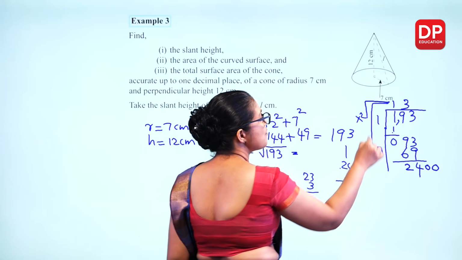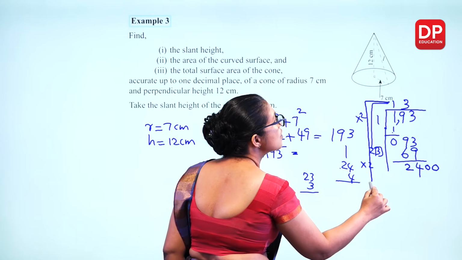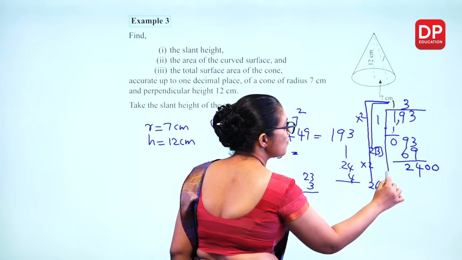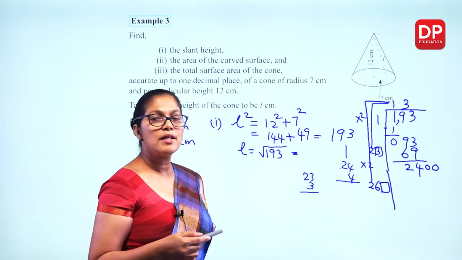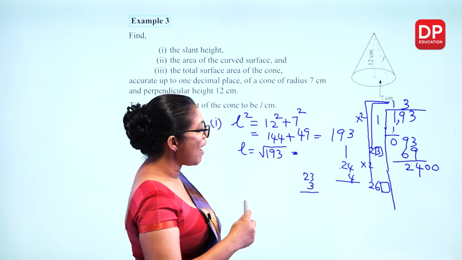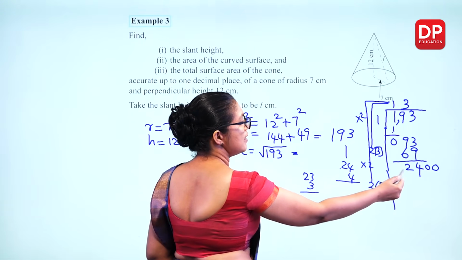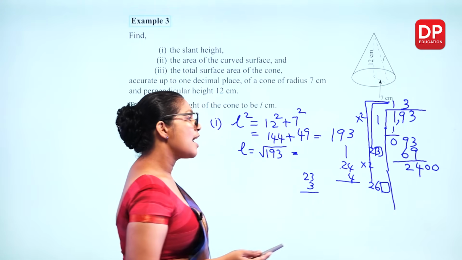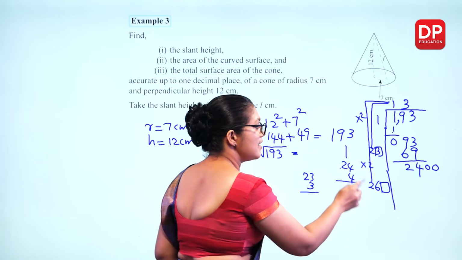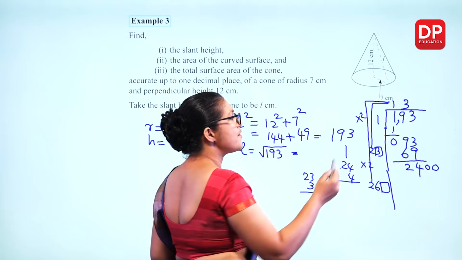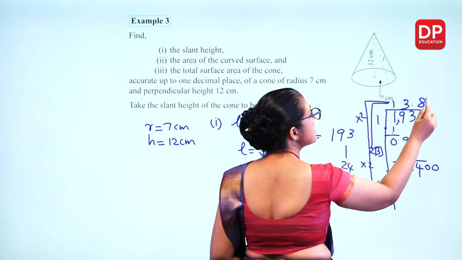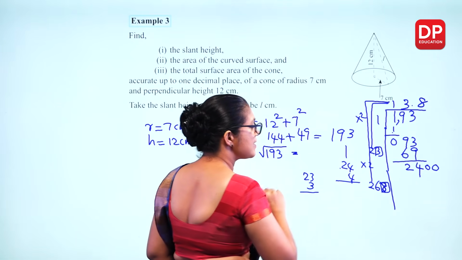Here 13 times 2, you get 26. So you need to find 260 something to get 2400. So we'll try with 9 times 2, 18, and here when you take the other remainder, it's more than 2400. So we'll take 8 and 268.